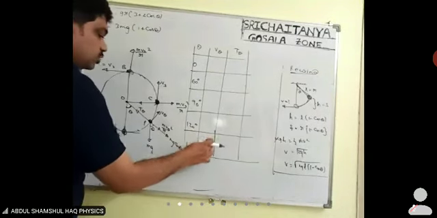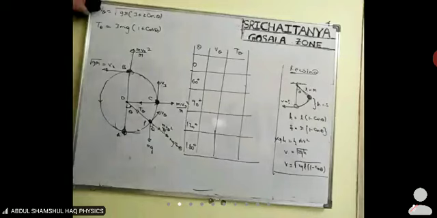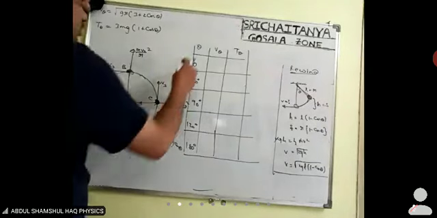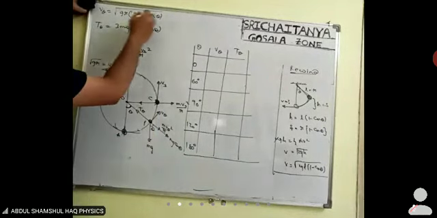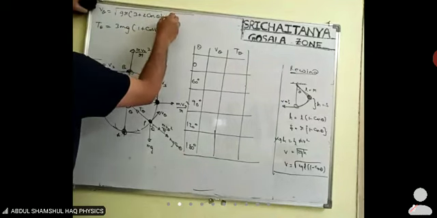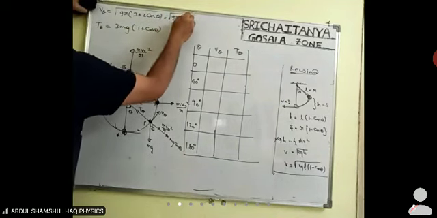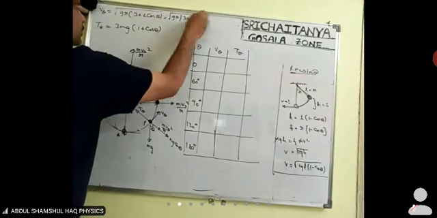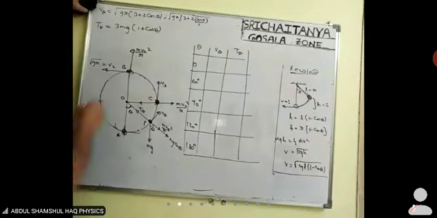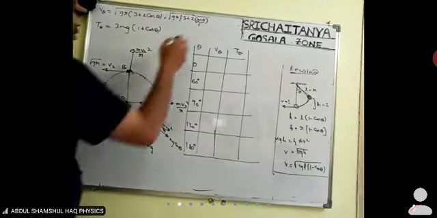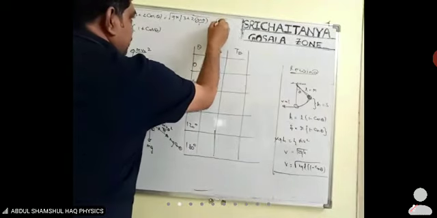Please try to apply your brains here to find these. If I put theta as 0 here, I'll get root gr into 3 plus 2 into cos 0. Cos 0 value is 1. So it would be root 5gr.